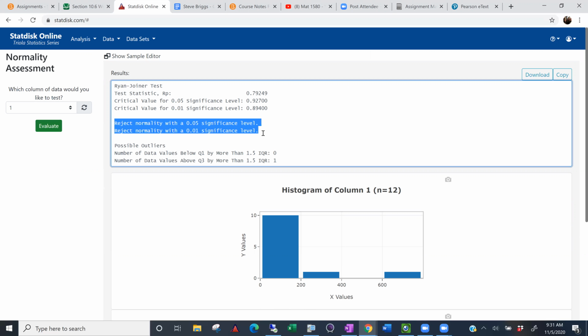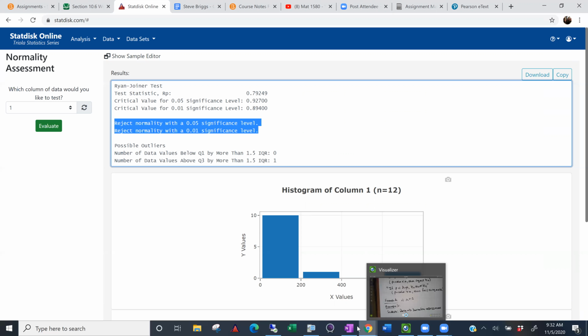Reject normality with a 0.05 significance level, reject normality with a 0.01 significance level. Basically, the data have proved themselves beyond a shadow of a doubt that they're not from a normal distribution. They're just not. So if you're asked to be doing a test with this data, you really shouldn't be using the current test.